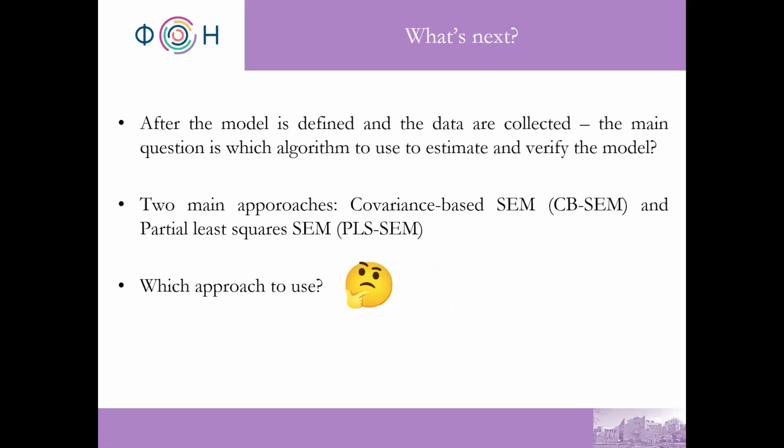Okay, so based on our literature review, based on the data we have collected, based on our hypothesized model, which we created, now we have a model, whether it's a path model, a confirmatory factor analysis, or a more complex SEM model. There is another question for us: which type of algorithm are we going to use to estimate the regression coefficients?